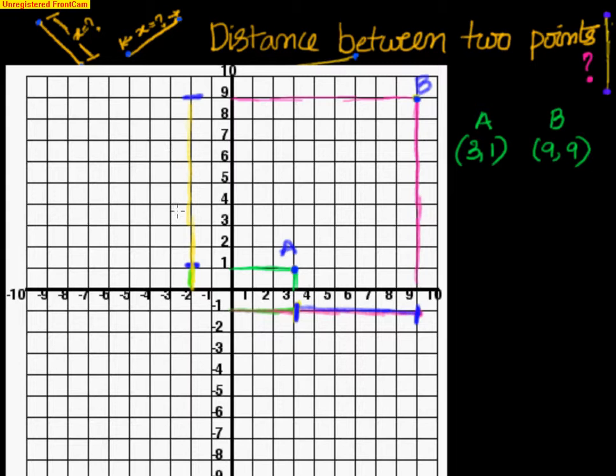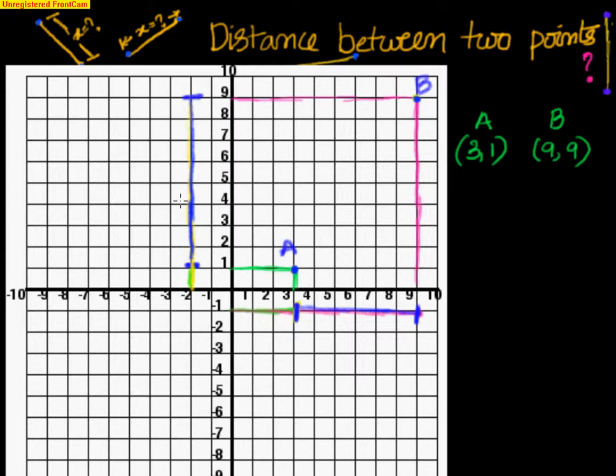This is the perpendicular distance from the x-axis for point B. Now the vertical distance between B and A is nothing but this distance, right? So let me try to put it in blue.